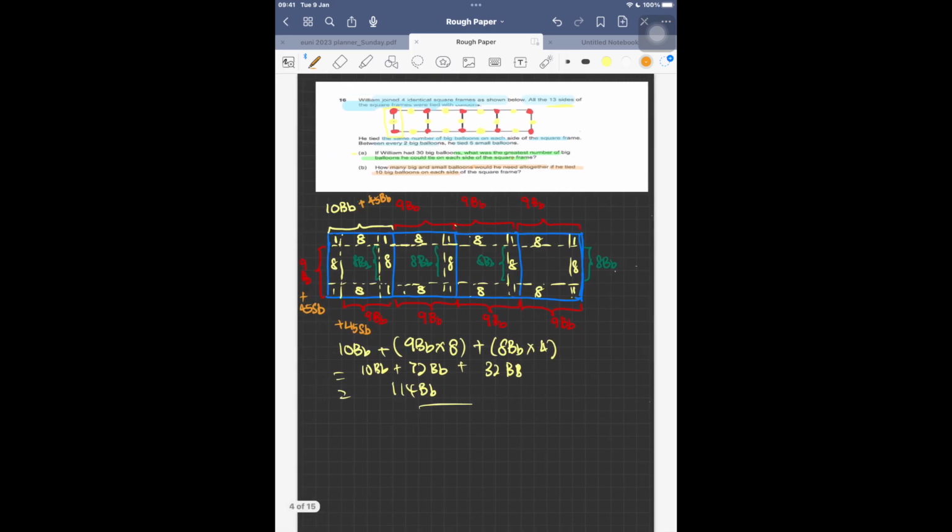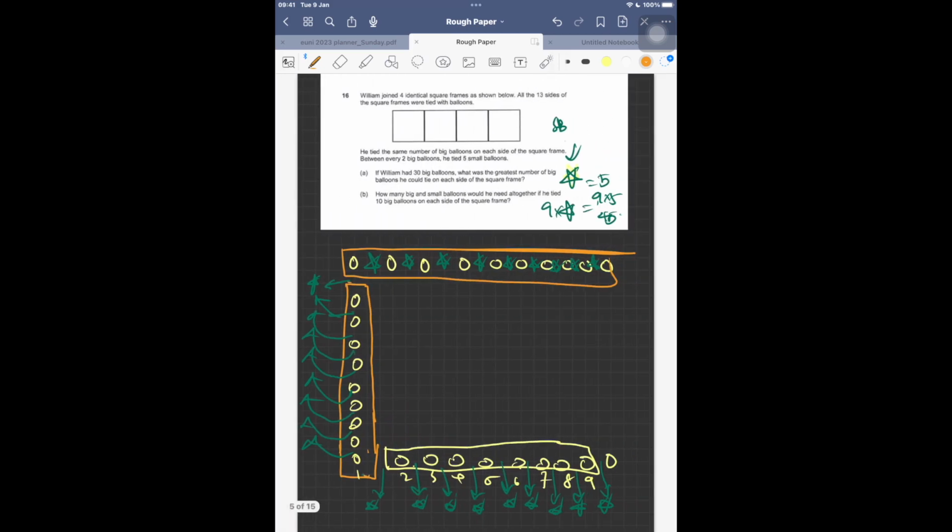this few sides, we still are left with this side here. Here's one big balloon, right? Here's another one big balloon. So how many small balloons will I have? 1, 2, 3, 4, 5, 6, 7, 8, 9.